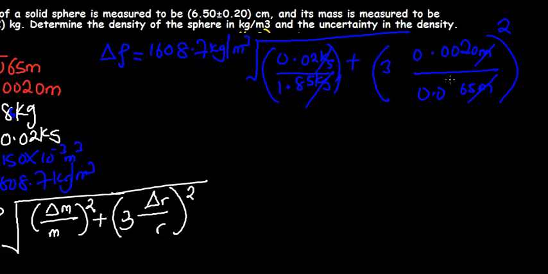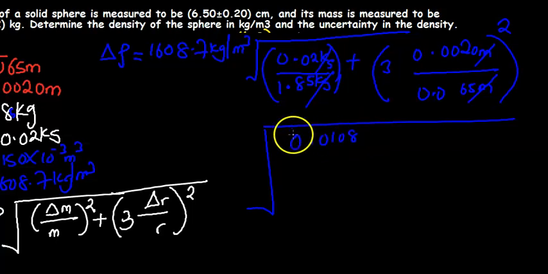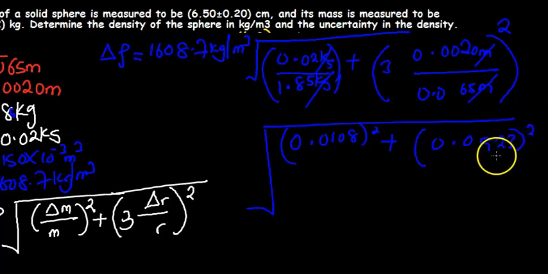If you divide 0.02 by 1.85, this is going to be 0.0108. Remember to put the plus. If you divide 0.002 by 0.065 and multiply that by 3, this is simply going to be 0.0923 to the power of 2.